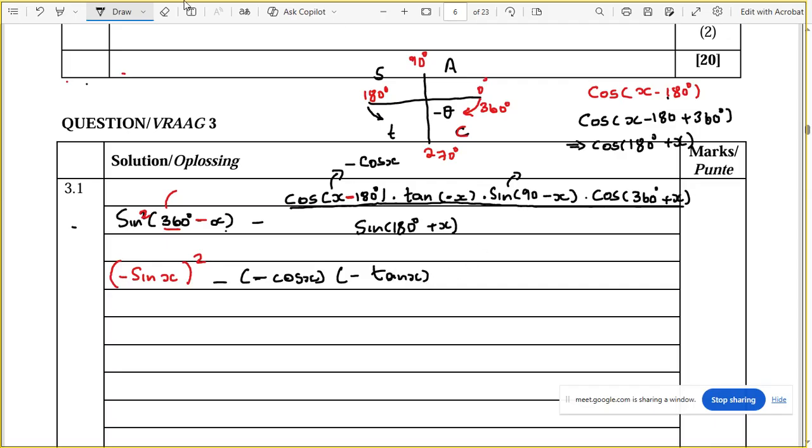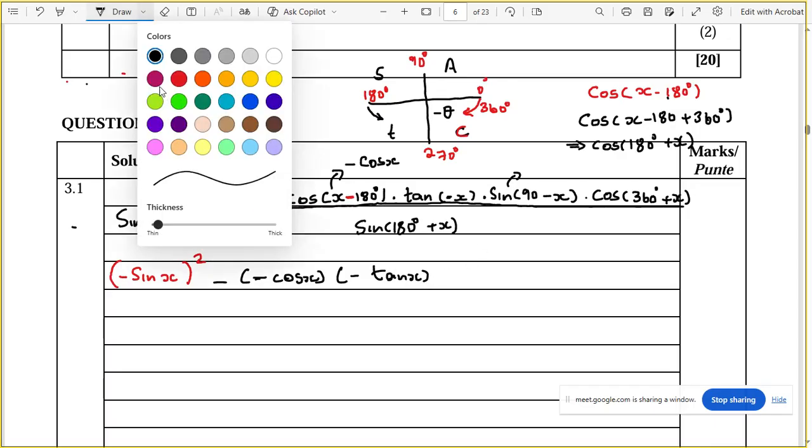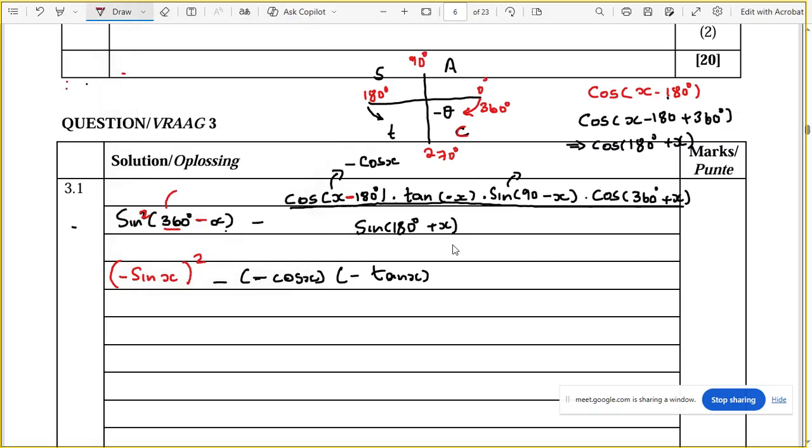Then you do the same for this one. This one is a cofunction, okay? When I say it's a cofunction, sine changes to cos, cos changes to sine. First, you check where 90 minus is. If this is 90 and you are subtracting, you will approach 0. So 90 minus is in quadrant 1. How is sine in quadrant 1?